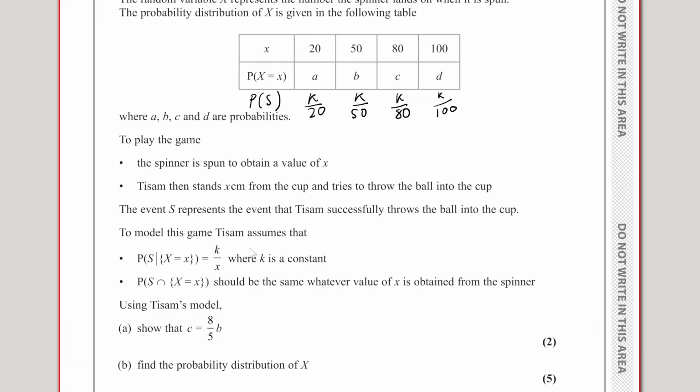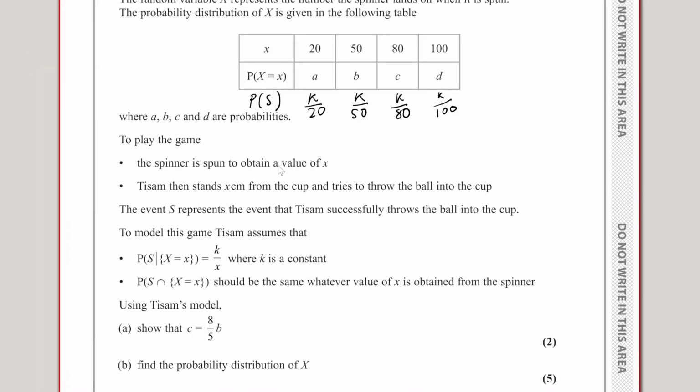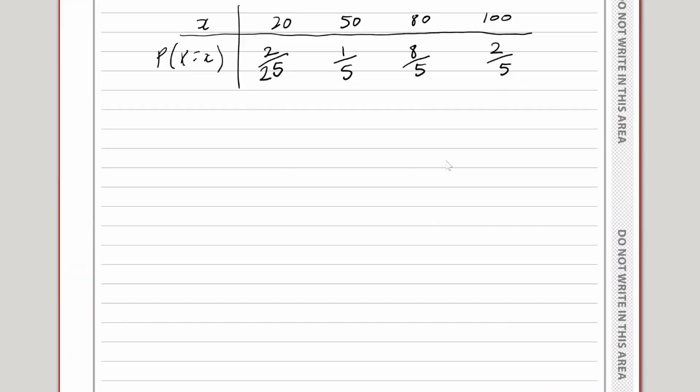So the chance of getting it in is S. So S is 30%. So that would make K 30. So K would be 30.